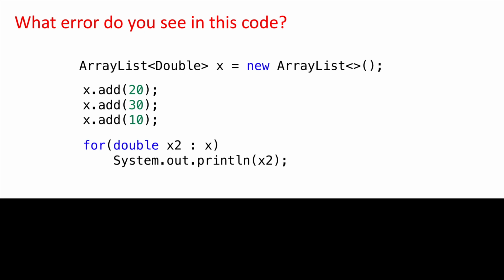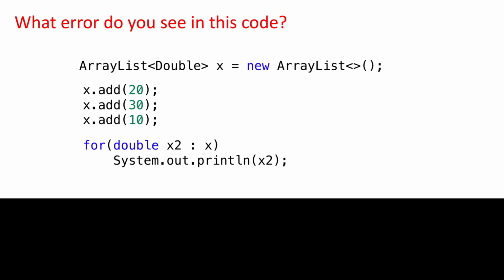Now let's look at some code issues that we might face, or some mistakes we might make when we're working with ArrayList. Looking at this code, what do you think the issue with this code? What error do you see in this code? Pause the video for a few seconds or a minute and look at it.